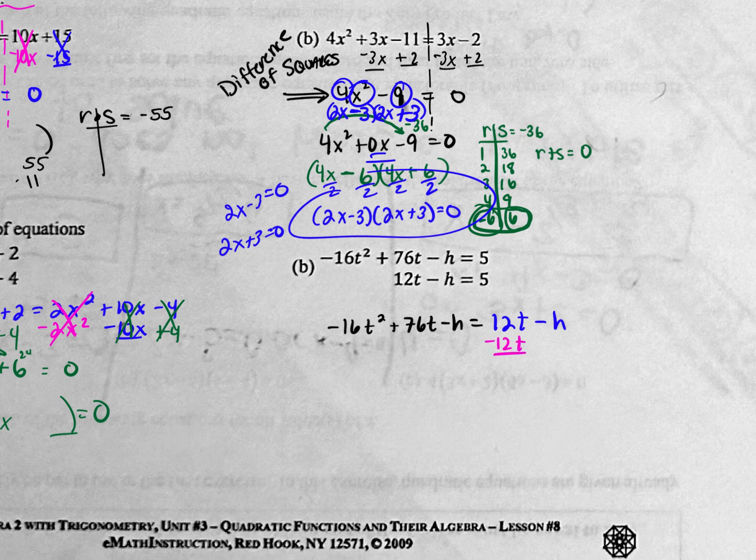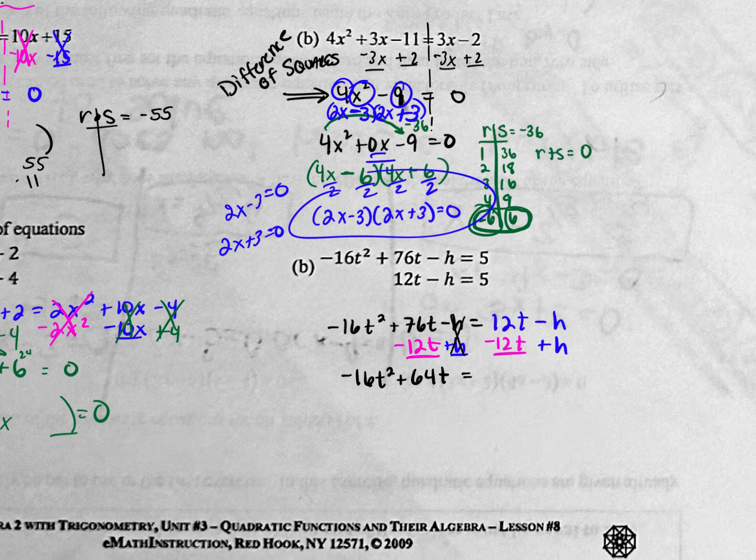So got to get this right side equal to 0. So I start moving stuff over by adding the opposite. There you go. I'm going to add an h, and I'll add an h to the other side. Oh, this is going to come out really nice, I think. See here, that's going to give you a what, 64t, I think. The h is here canceled, which is kind of nice.